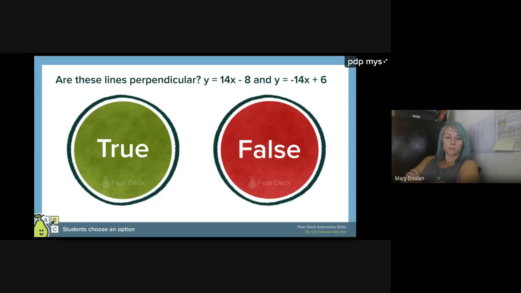Look at their slopes. Look at the coefficient of the x terms. First equation, 14 is the slope. Second equation, negative 14 is the slope. Are 14 and negative 14 opposite reciprocals?